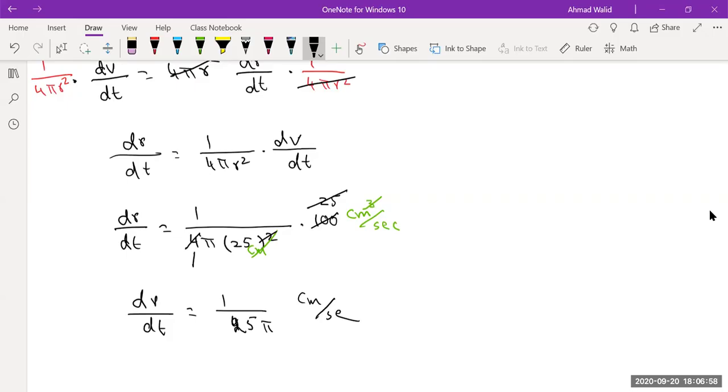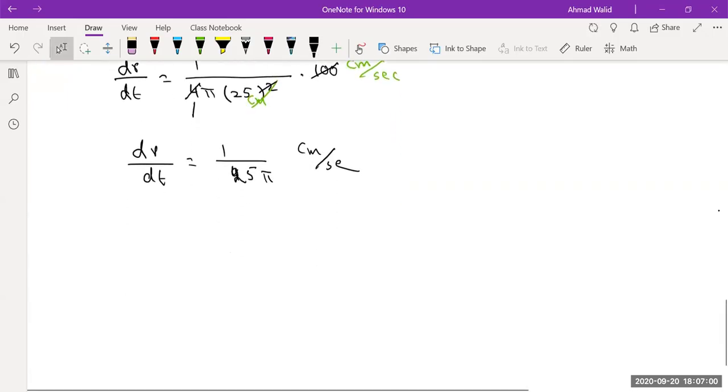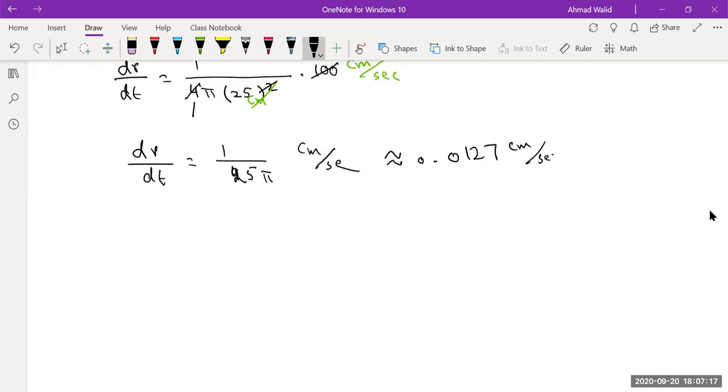That can be your answer, or you can multiply 25 with the value of pi in your calculator, and it gives you approximately 0.0127 centimeter per second.